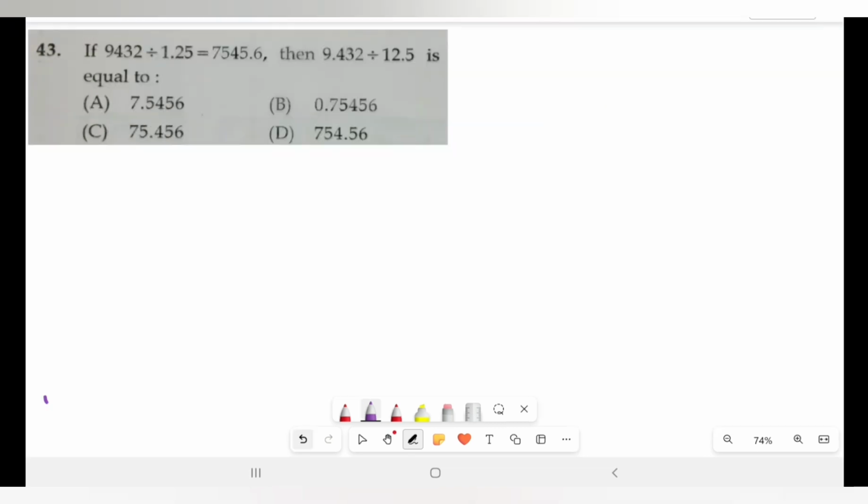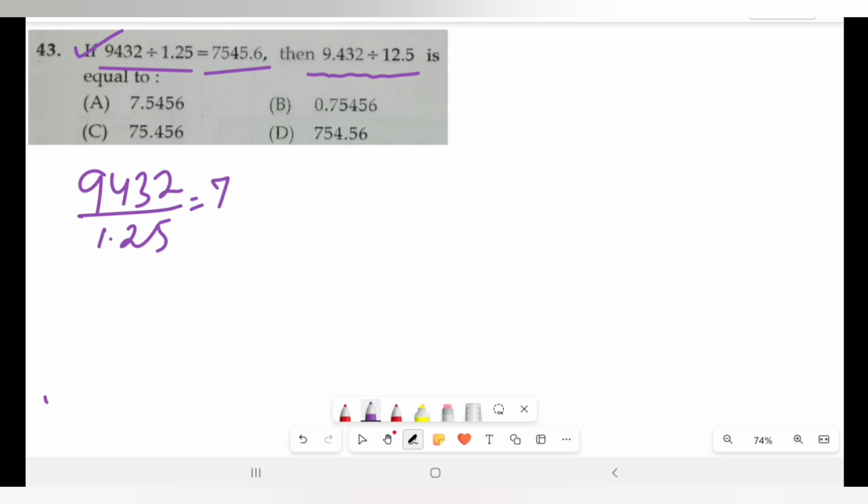Here in this question, if 9432 divided by 1.25 is equal to 7545.6, then what is this value? Here you can use two methods. One is directly you can divide and get the answer. Another one is to use the first term and then get the answer. So I am using the first term, that is 9432 divided by 1.25 is equal to 7545.6.